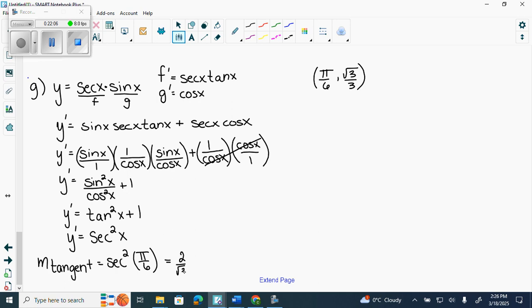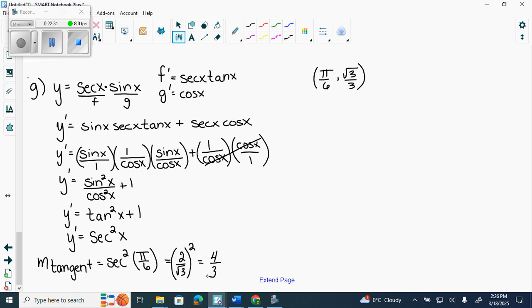And then just square it. When I square it, doesn't it rationalize it? This was squared, guys. So I need secant of pi over 6 squared. So this is going to be 4 over 3.